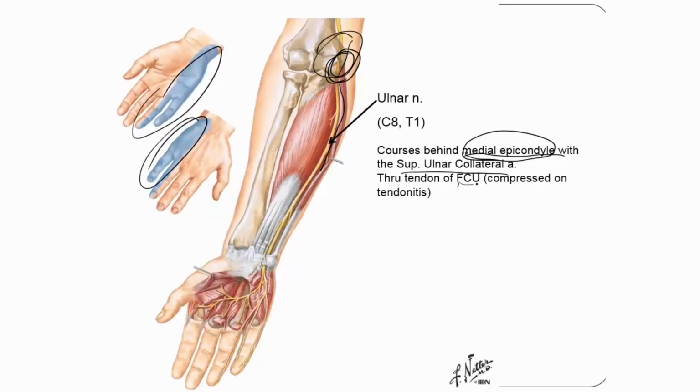So going through the flexor carpi ulnaris, it can be compressed by tendinitis of that common flexor tendon. It supplies 1.5 muscles of the anterior forearm. So flexor carpi ulnaris is the one, and it supplies half, strangely enough, of the flexor digitorum profundus muscle that goes all the way down and attaches to the distal phalanx of the ring finger and little finger.